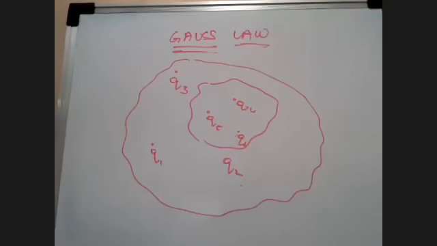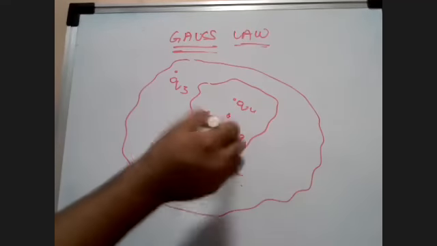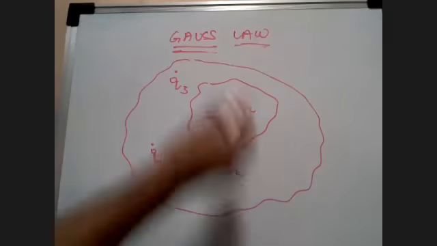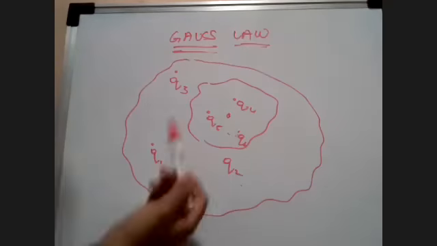Always remember that. Just because you're considering only the charge enclosed by the surface, it does not mean the total flux is only because of this. The total flux is the contribution of all the charges inside the surface as well as outside the surface.